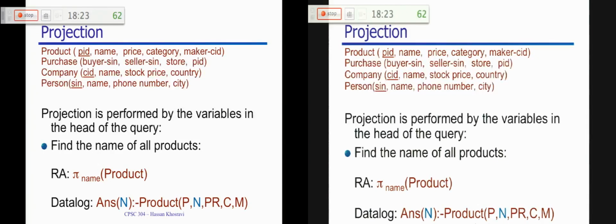Now, if you can assume I have a bunch of facts coming from my product table, and one of these attributes is name, then what this rule is returning is a list of all of these values, which is similar to my projection.